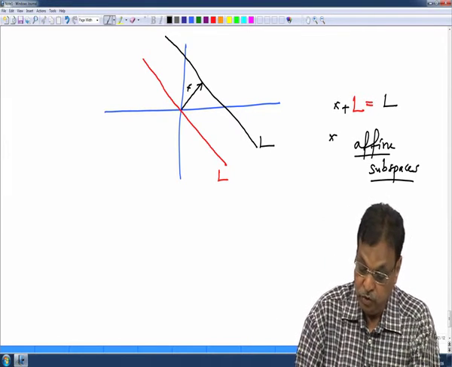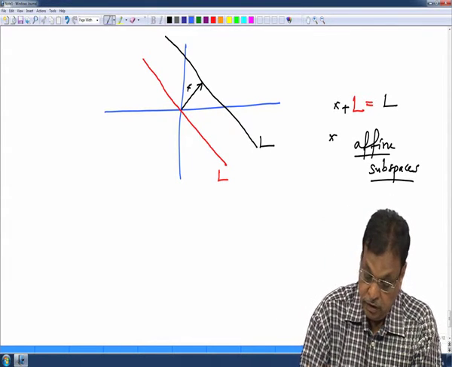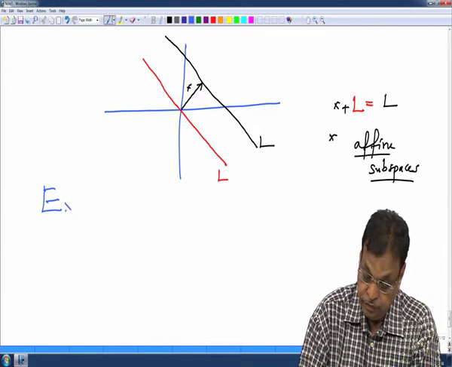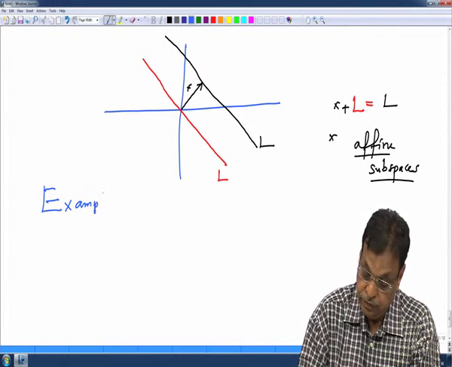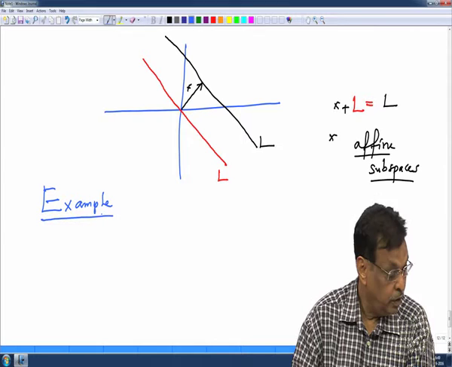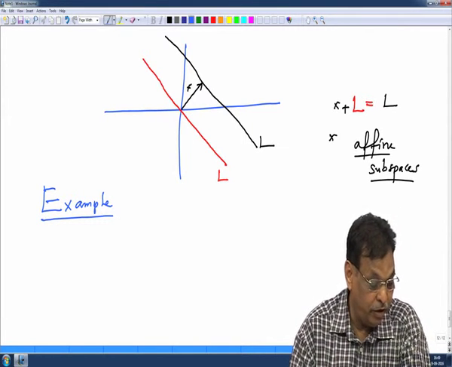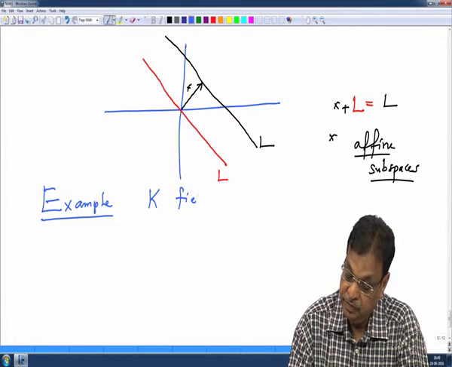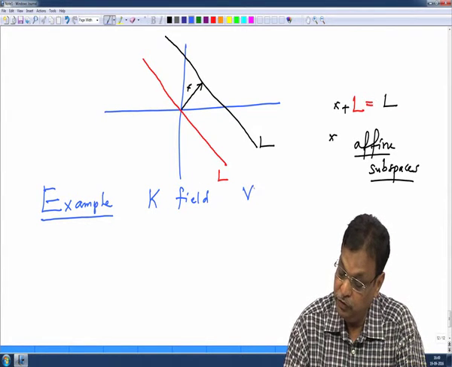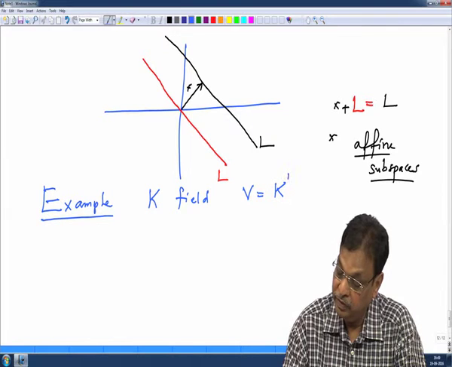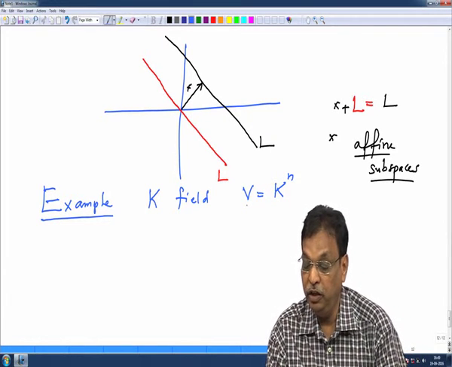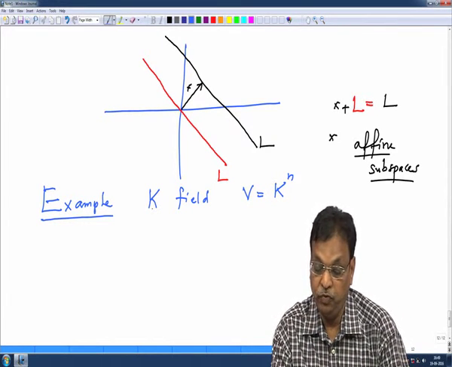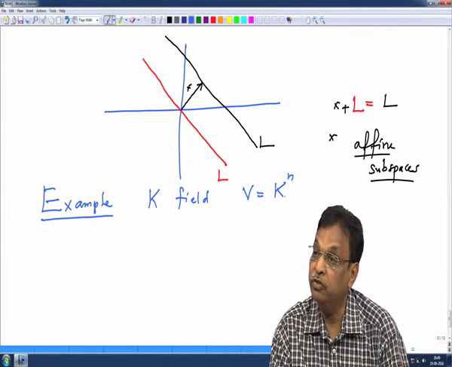So, the next example I want to study now. Let us take a finite dimensional vector space. So, K a field, and let us take the vector space V to be K power n. Actually, we have seen any finite dimensional vector space over a field is isomorphic to this.